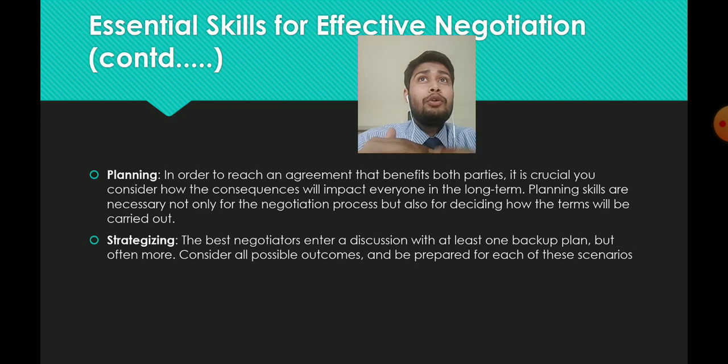Before going for a negotiation, you should plan what my alternatives are, what points are important for me, and what might be important for the other party, so that you can come to a conclusion and make alternatives. You should plan beforehand. The skill of planning should be effective, because it would help you to go further after the negotiation.